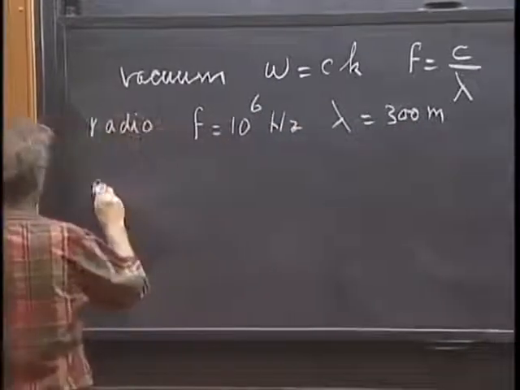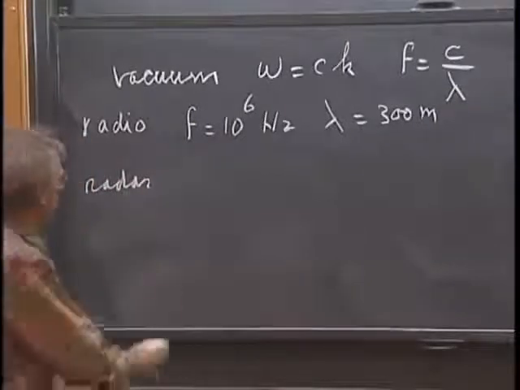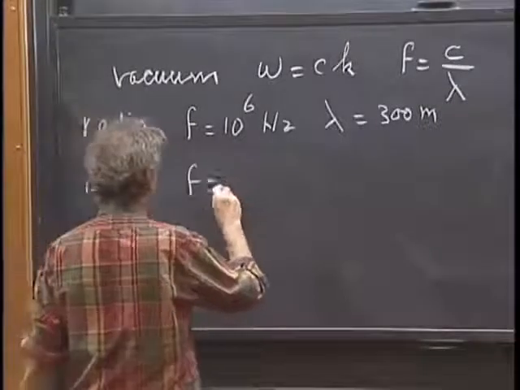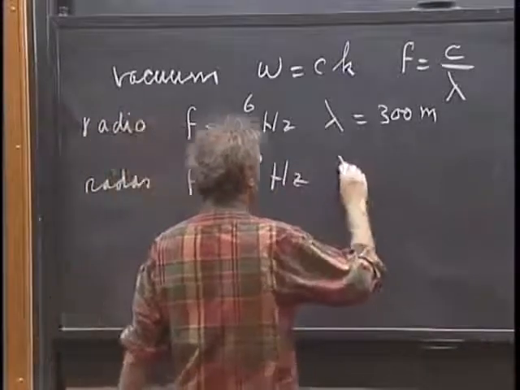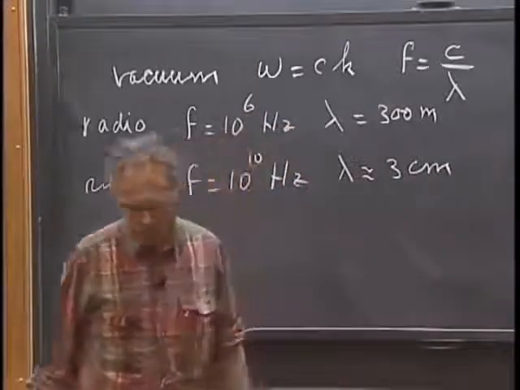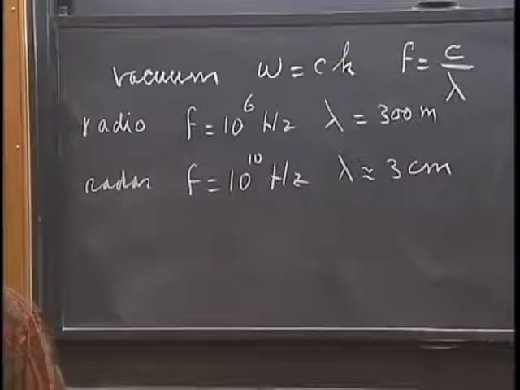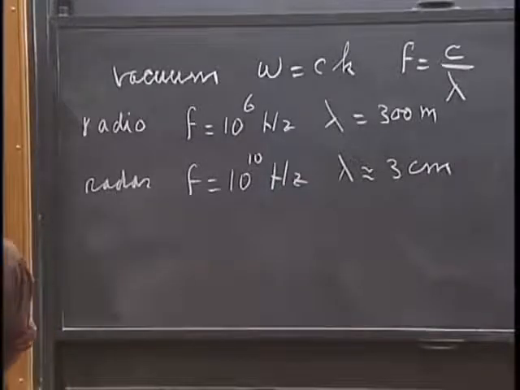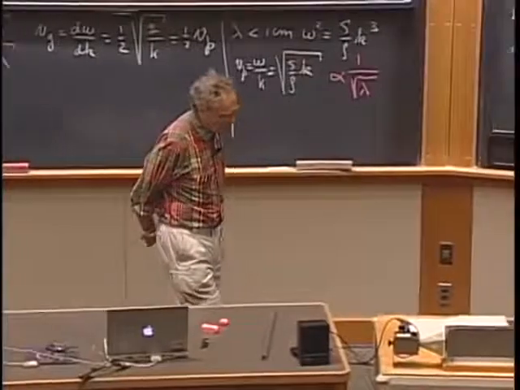If we go to radar, which we have right here in front of us, the frequency is about 10 gigahertz, 10 to the 10 hertz, and so you have a wavelength of about 3 centimeters. If you go to infrared radiation, you have a wavelength of tens of microns, and if you go to visible light, you get frequencies up to 5 times 10 to the 14 hertz, and you get wavelengths of about half a micron.